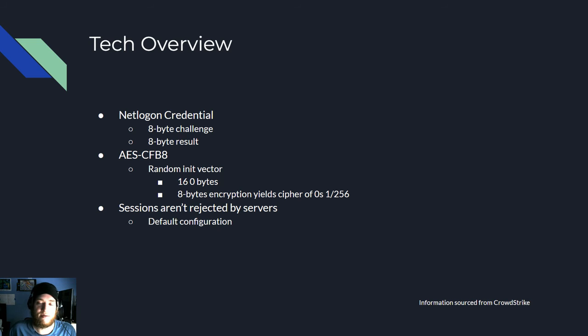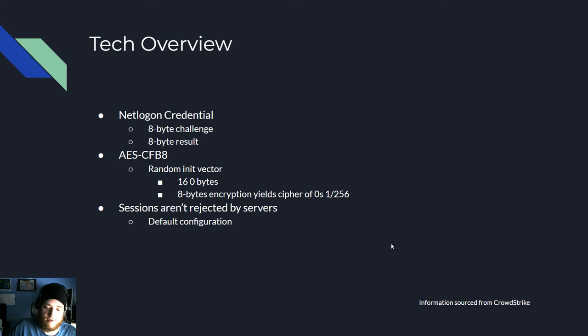But that isn't so much of a problem by itself until we combine that with another flaw in Netlogon, which is that by default, unencrypted sessions are not rejected by the server, which means that you can just keep trying over and over and over again, and eventually you are guaranteed to get in with that empty string, right?